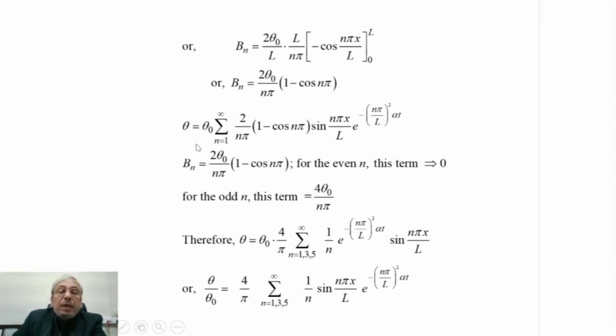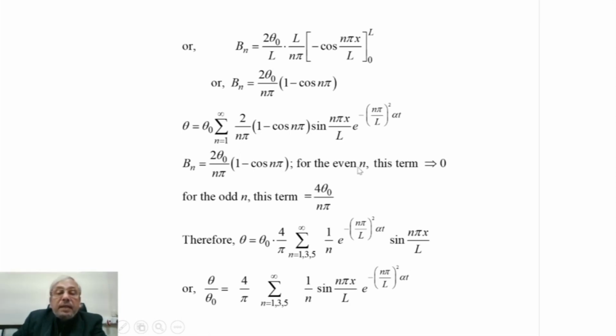Now Bn is this, we have inserted this Bn value here. Now Bn is twice theta naught divided by n pi into 1 minus cos n pi.